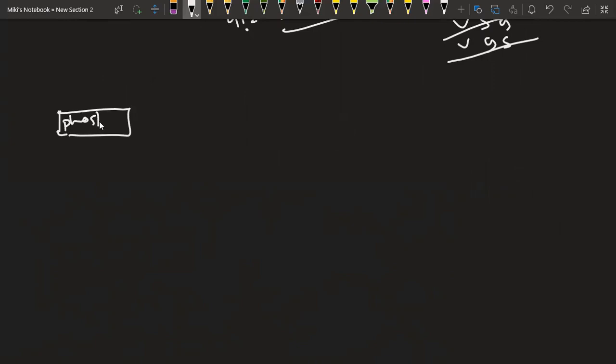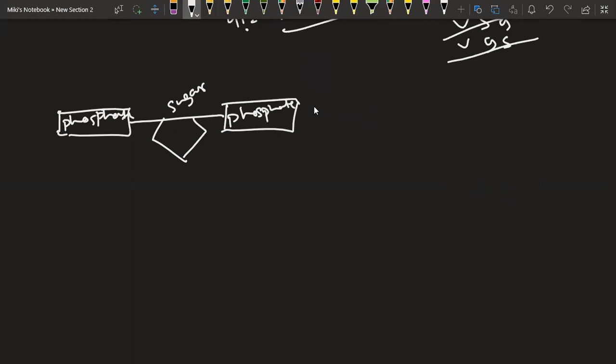So we have phosphate. Here the structure of sugar is given in this way. So this is actually a sugar. Okay, this structure is sugar. Again, we have phosphate. So they can actually draw it in various ways. Phosphate, and again, let's say we have sugar here. They have phosphate here. Sugar is given in this way.